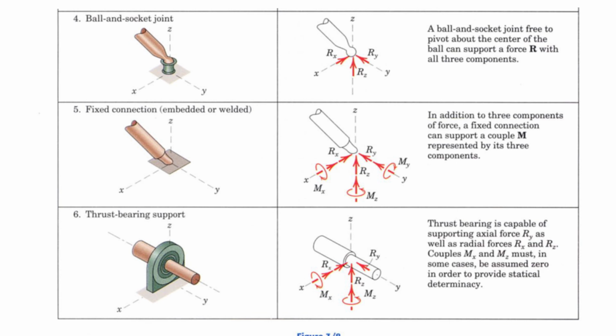But on the other hand, if it is a fixed support, imagine a welded joint, then it's not even allowed to rotate. The rotations are about X, Y and Z. If all these rotations are constrained, then you also require moments Mx, My and Mz.